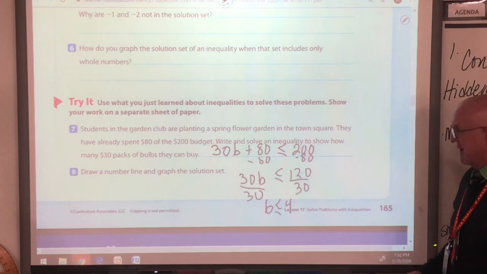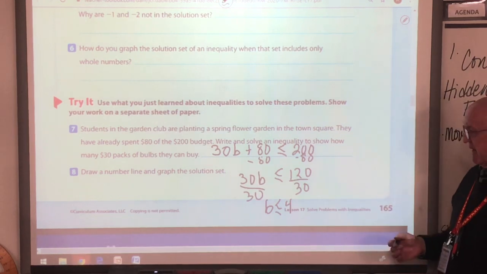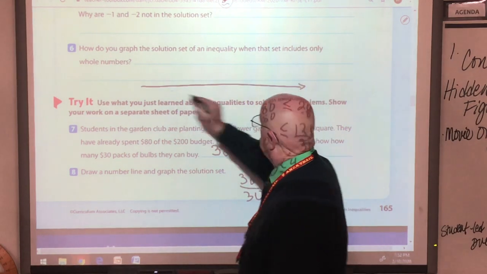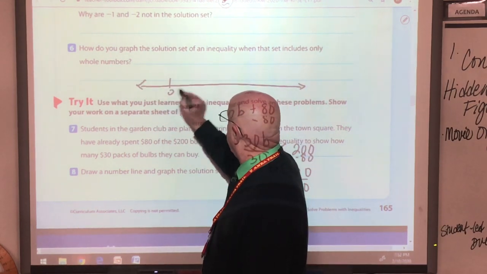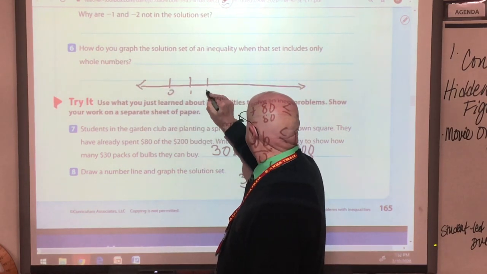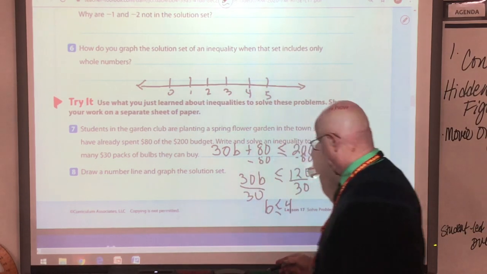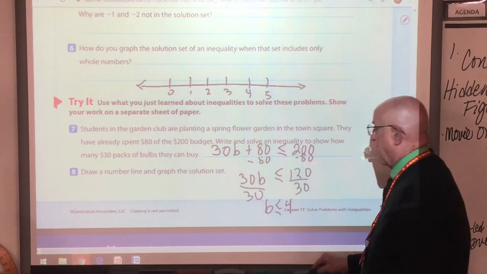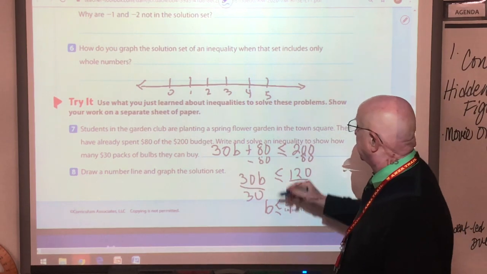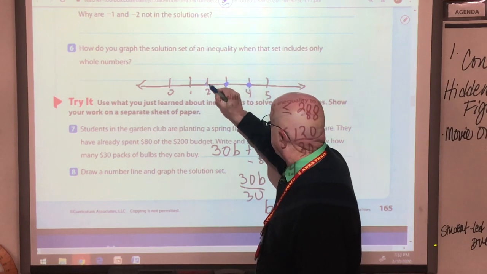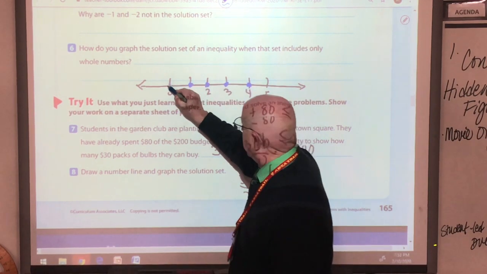Now our number line for that, I'm just going to draw it up above it and make it easier. Our number line for that is going to be like this. We'll put 0 over here. 1, 2, 3, and 4. Put 5 there. And then we'll put a dot at each one that we do, less or equal to 4. So we'll go here, here, here, here, and here.